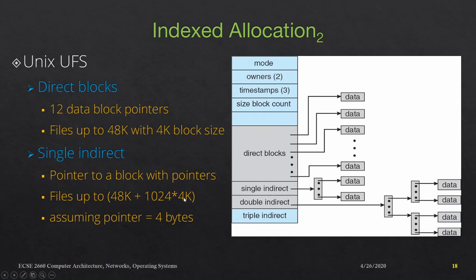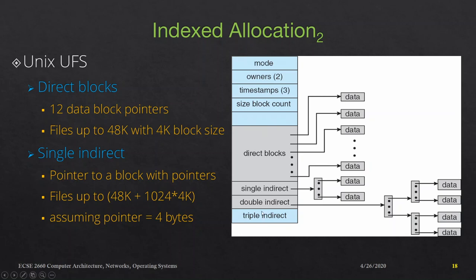If we have 4K as the block size, then the number of pointers in each block would be 1024. So 1024 pointers over here times 4K for each of those blocks would give us all the single indirect blocks. So file sizes up to 4144 KB can be handled with direct and single indirect.